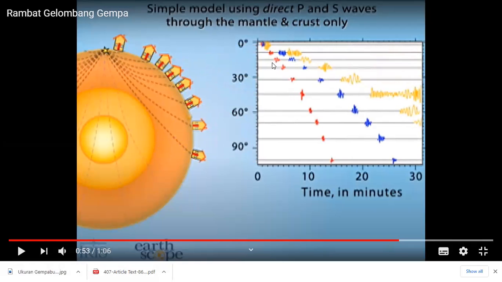So this is the P wave coming first, and the second the S waves, and the others, and then next will be followed by surface waves. The farther and farther the distance, there's more time to travel. That can be used to locate earthquakes.